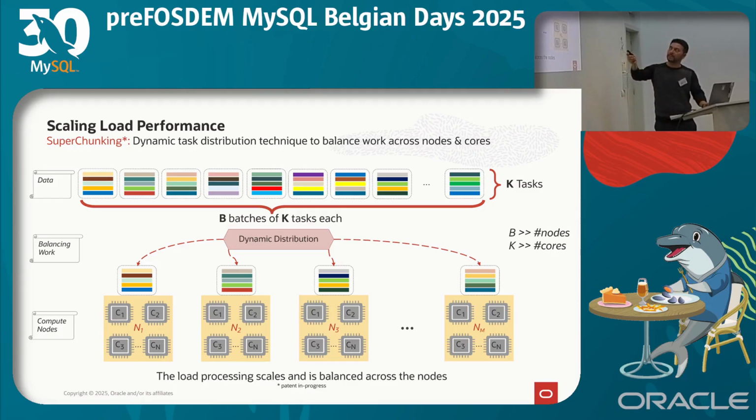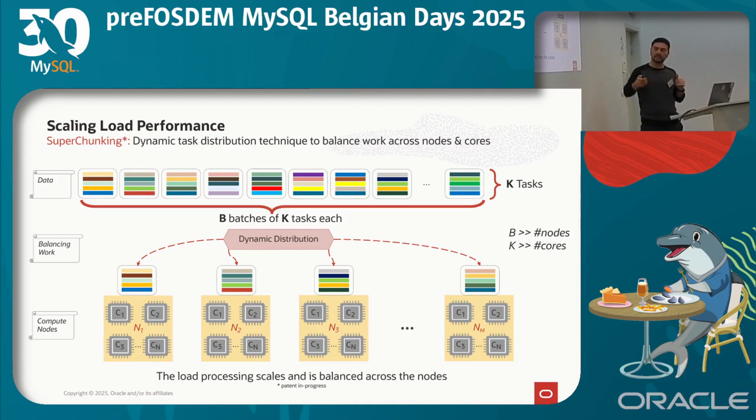Then you create B batches of K tasks each, and B is quite large, way larger than the number of nodes. There is a coordinator which does the dynamic distribution and balancing of the work, assigning work to each of the workers on a shared-nothing cluster of compute servers.